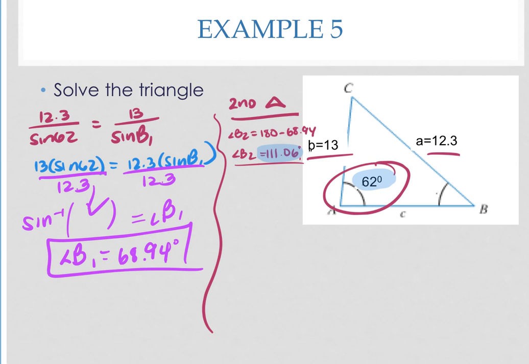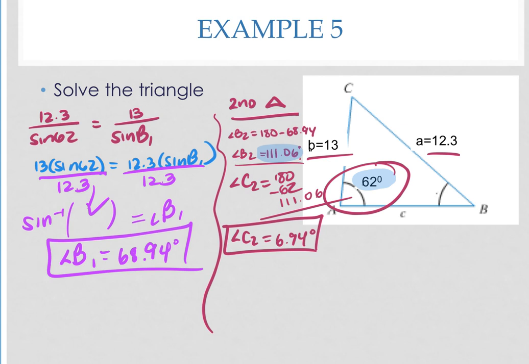So to find the last angle there, which would be angle C2, I would do 180 minus A, which is the same for both triangles. A carries over because that's what was given. And the 111.06. So 180 minus the 173.06 tells me angle C2 is 6.94.